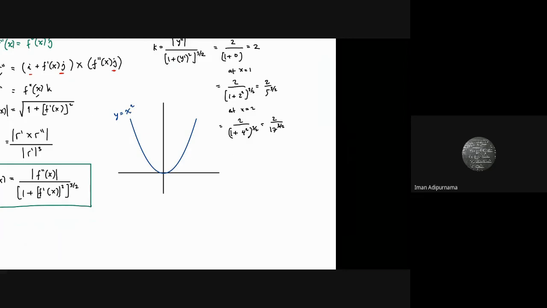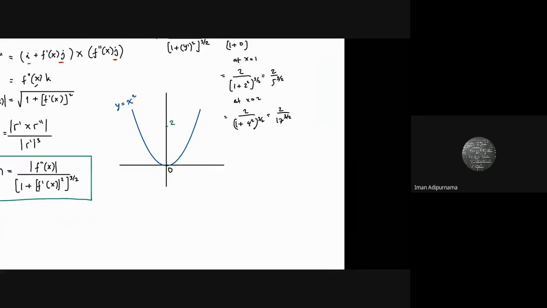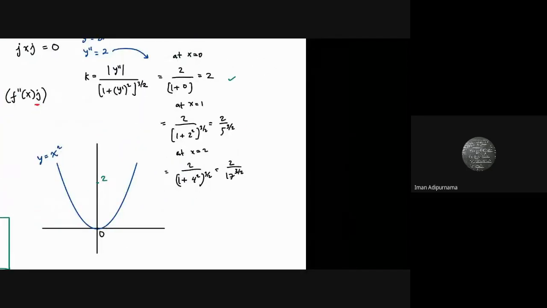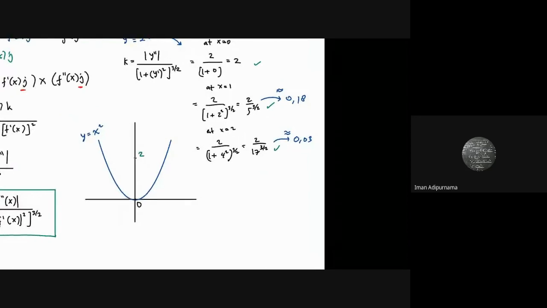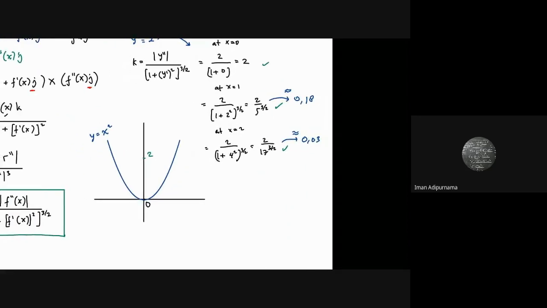And this is just 0 here, and if this is 2. So from all this, let me compute this for you. This will be around 0.18, and this will be around 0.03. So x equals 0, x equals 1, x equals 2, maybe here.